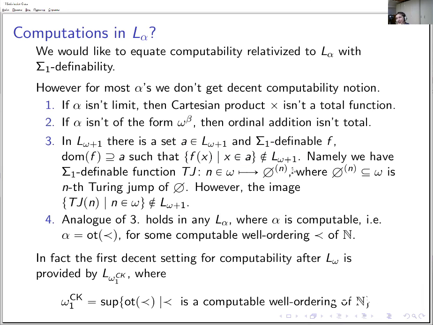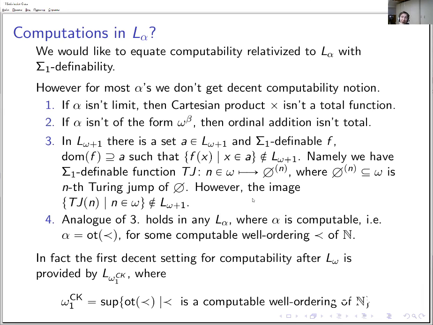However, it doesn't really work for small enough alphas. For example, it doesn't work for omega plus 1, with the following example. Consider the iterated Turing jump function, which maps a natural number n to the nth Turing jump of 0.